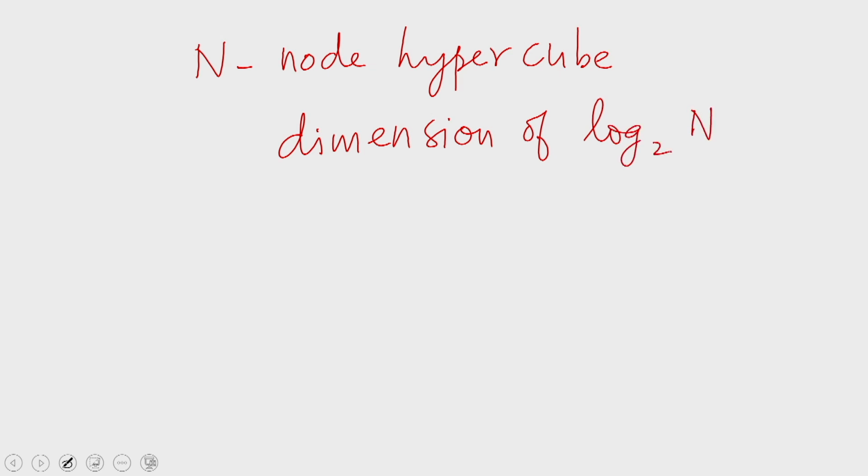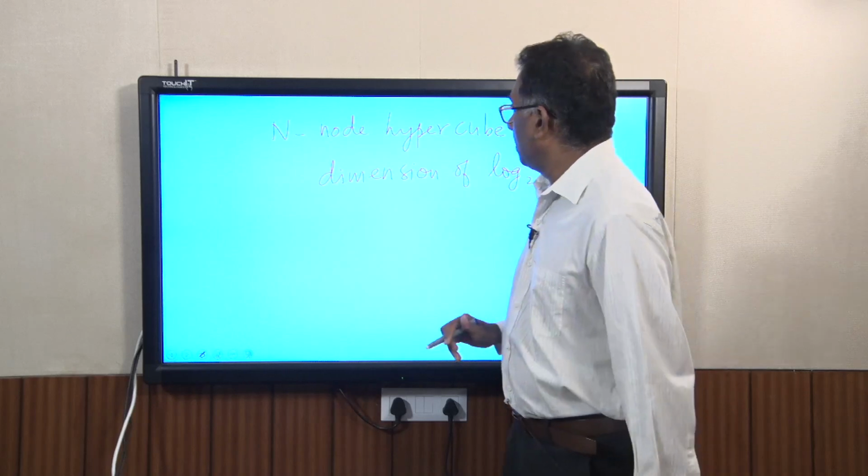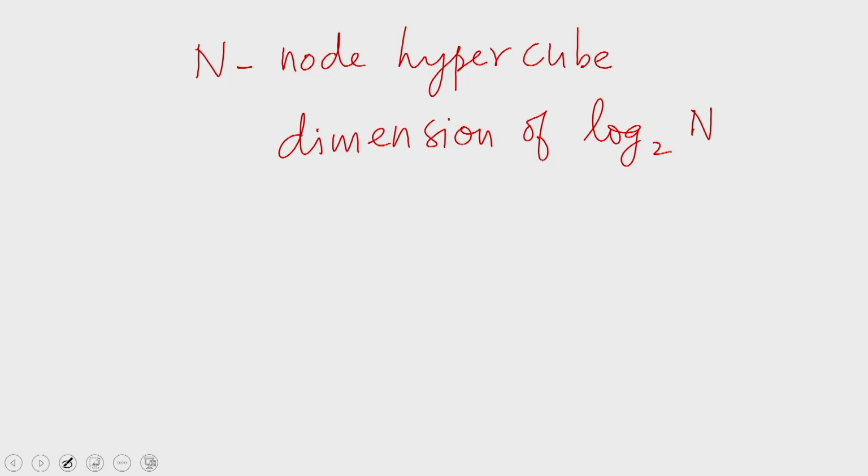When you have a hypercube of n nodes, then n would have to be a power of 2, and therefore log n is an integer. Log n to the base 2 is an integer. So, we consider an n node hypercube. In this, the degree of every node is log n, which is equal to the dimension. So, in general, in Hk, a hypercube of dimension k, the degree of every single node is k.